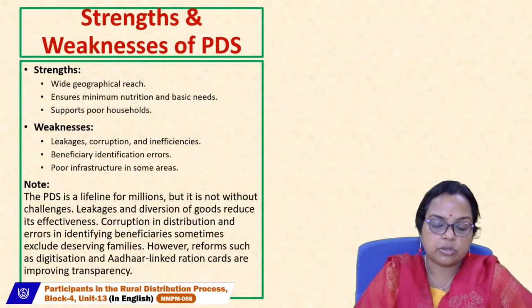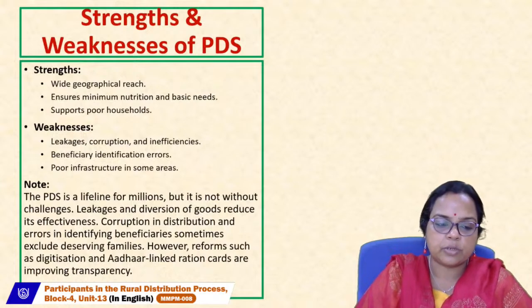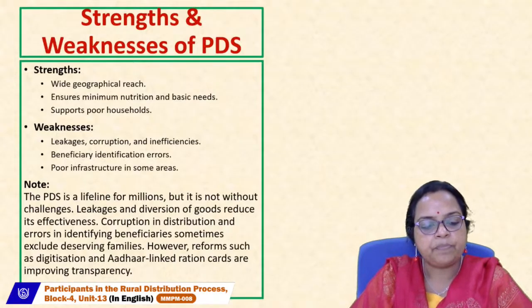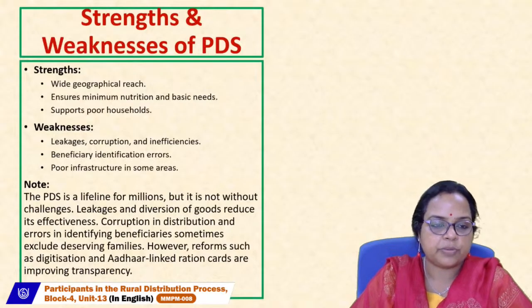These control shops are not able to identify the real beneficiaries of the village, and sometimes they exclude the deserving families due to corruption. However, reforms such as digital reform, like Aadhaar-linked ration cards and everything online with every detail on online ration cards, are slowly ending corruption and improving transparency.